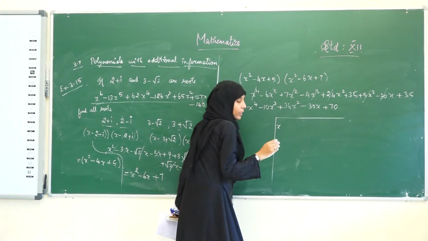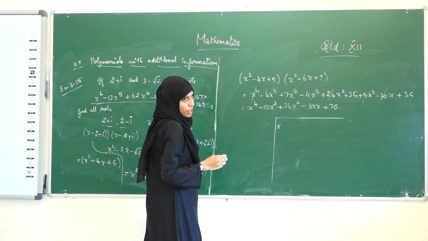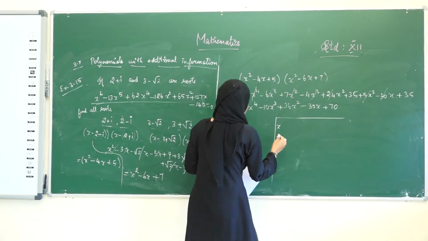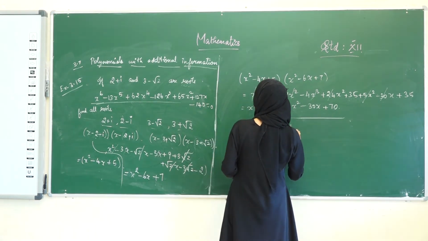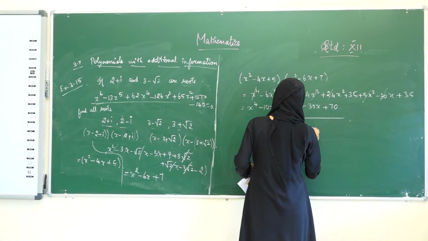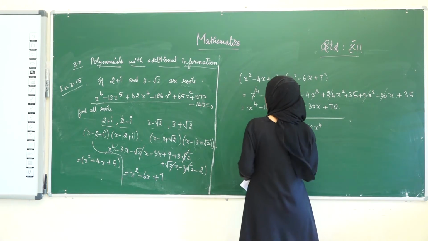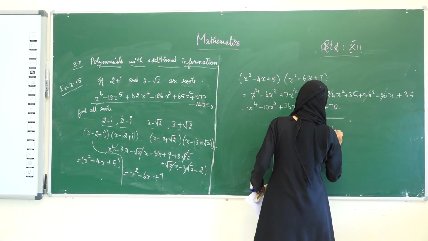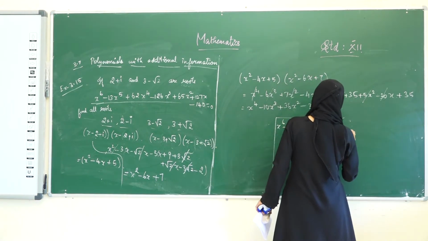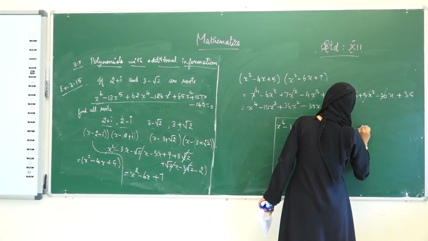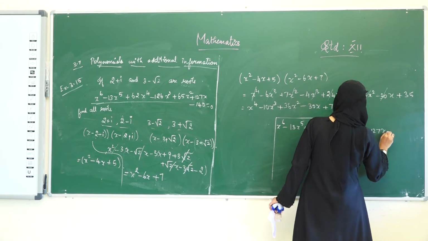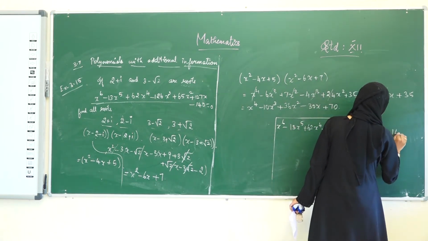We have seen the long division method in the lower classes. Now we are going to divide this: x power 6 minus 13x power 5 plus 62x power 4 minus 126x cube plus 65x square plus 127x minus 140.